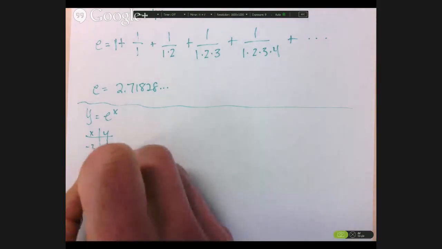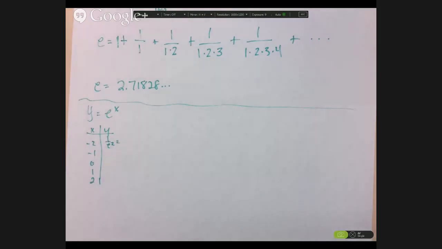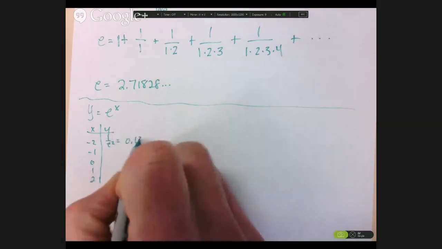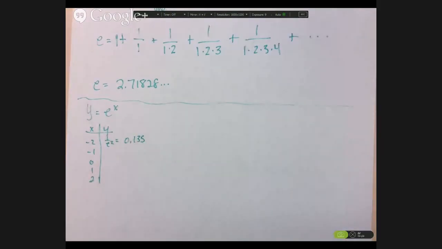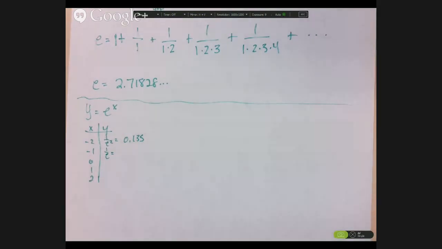This is 1 over e squared, right? e to the negative 2, which for time's sake is 0.135. Oh, that one, 1 over e. Your calculator actually has e on it, like pi.